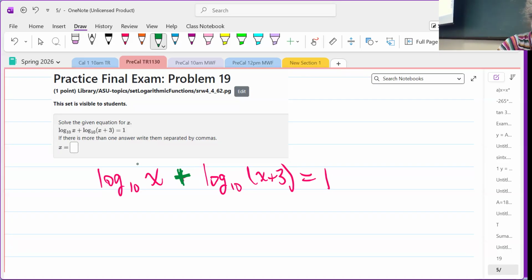So here I've got two separate logarithms being added. So if I use my log property backwards, then when I had the two different logs being added, that came from a single log with the insides being multiplied.